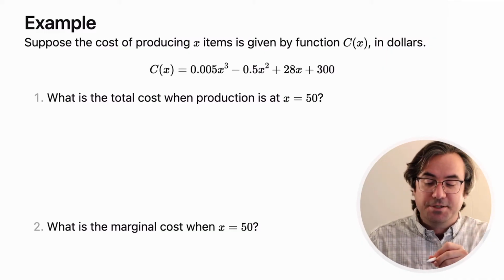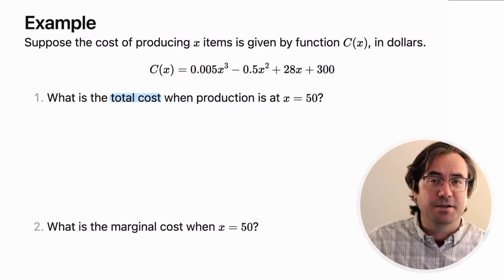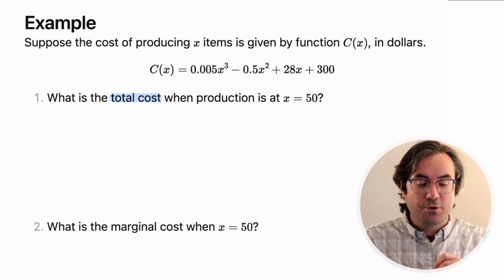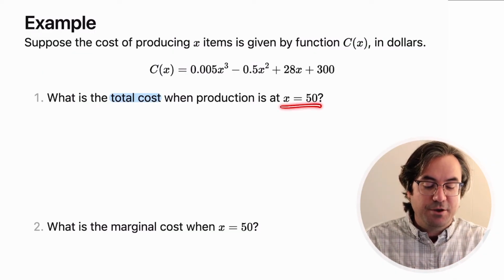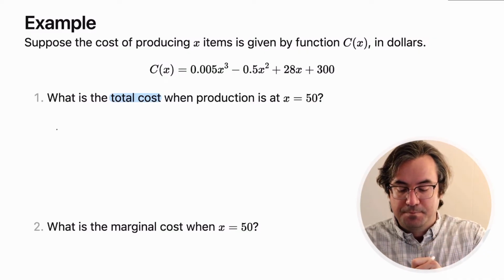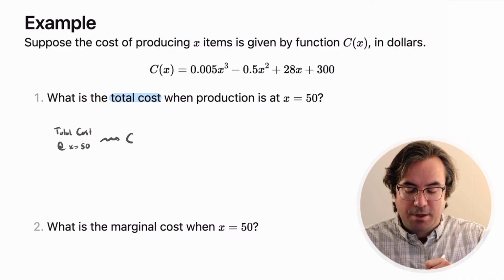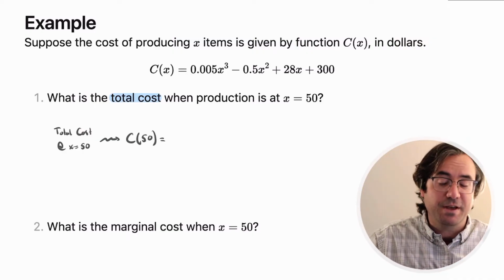So total cost, that's what our cost function is telling us. So all we're going to do is evaluate our cost function at x equals 50. We're going to plug 50 into this cost function and just evaluate it.